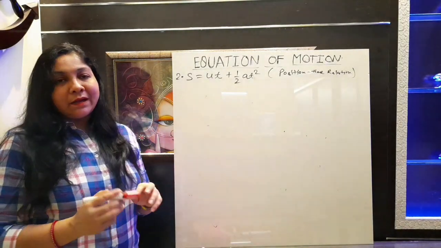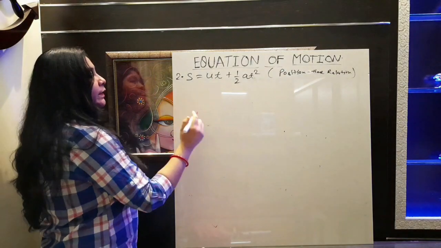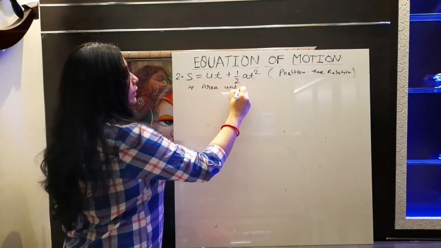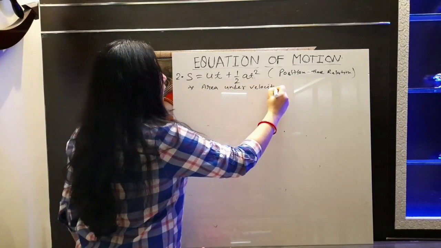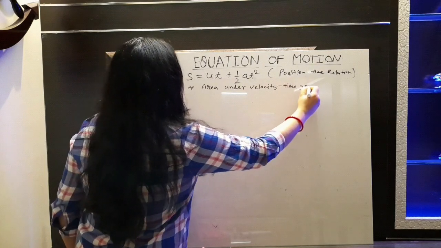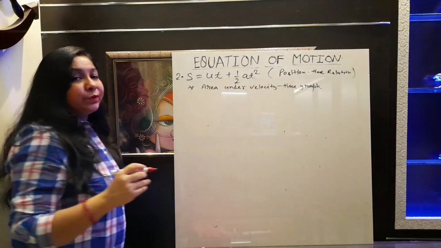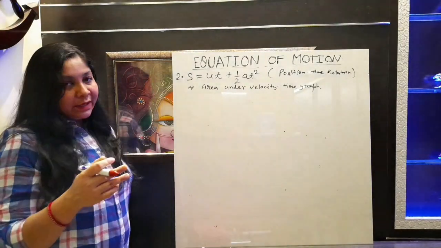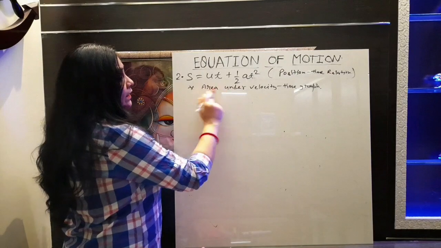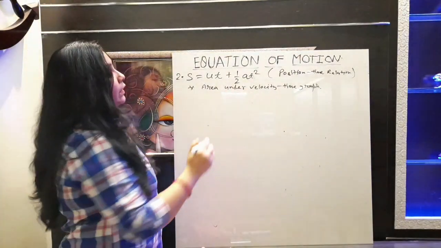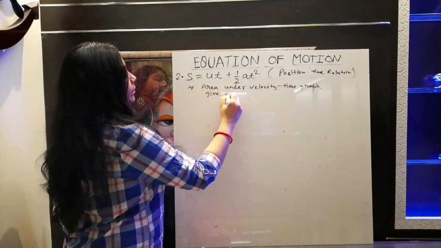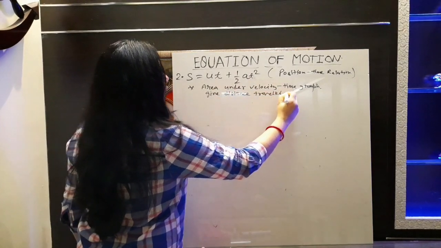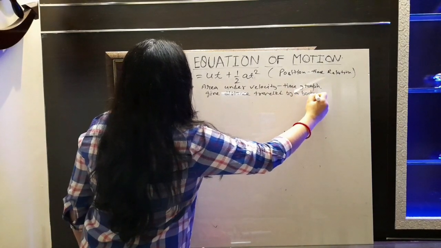So before starting that, I just want to write here one statement that you have to learn. Area under velocity time graph. This point is very important. When you start your derivation, you have to write this term first, then only you can derive this equation. What I am writing here: area under velocity time graph gives distance traveled by a body.